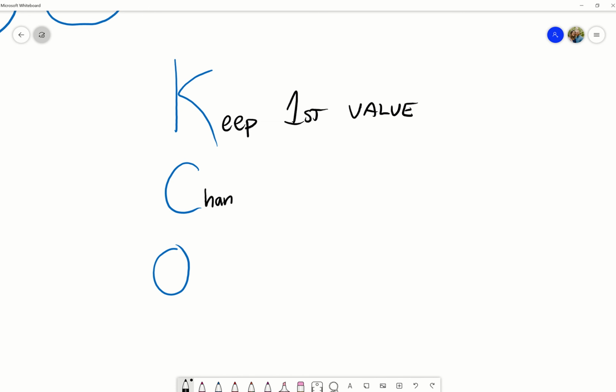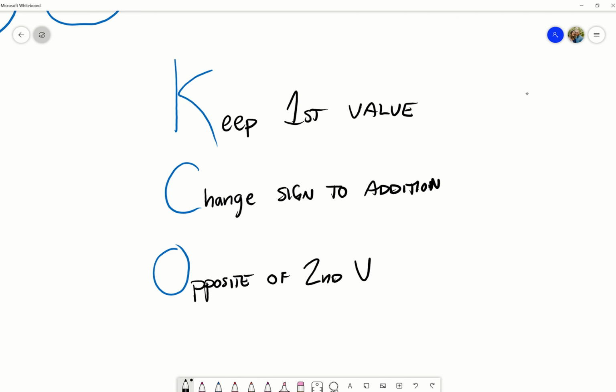Change the sign to addition. Opposite of the second value. Those are our rules.